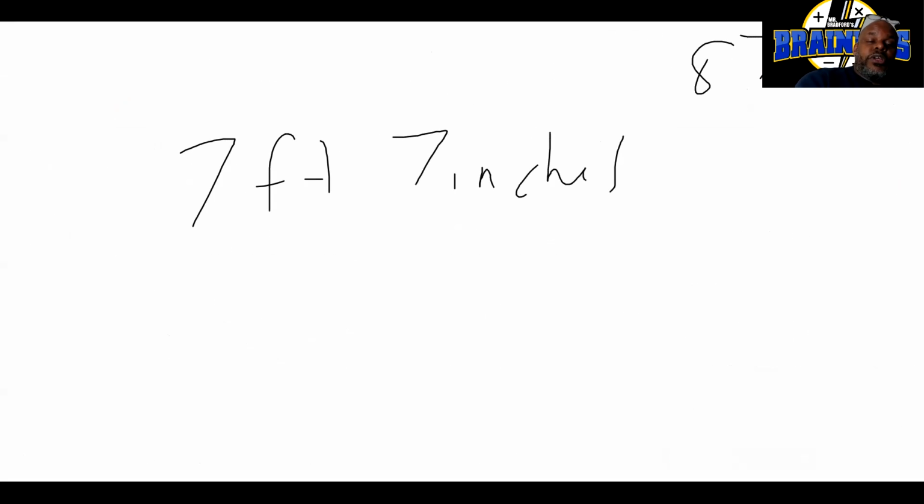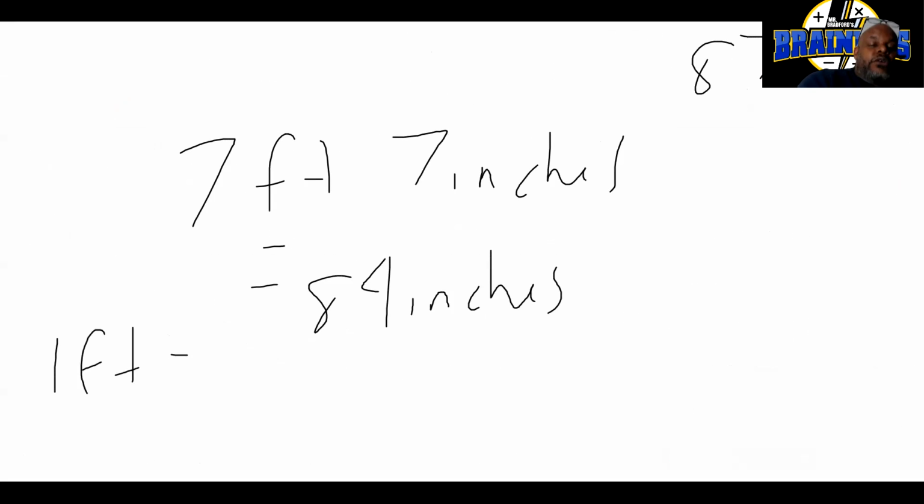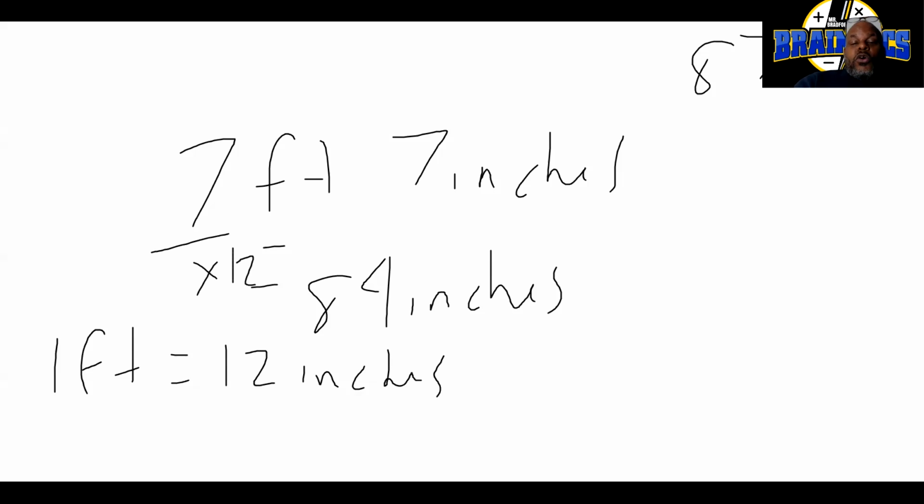All right, so we know that 7 feet is equal to 84 inches. How do we know that? Because we know that 1 foot equals 12 inches. And since we're moving from larger to smaller, 7 times 12 equals 84. So we know that 84 plus 7 equals 91 inches.